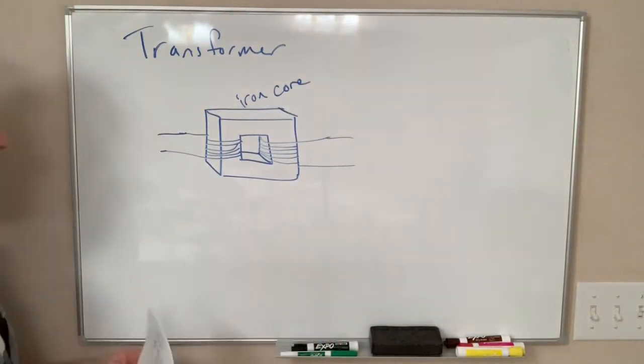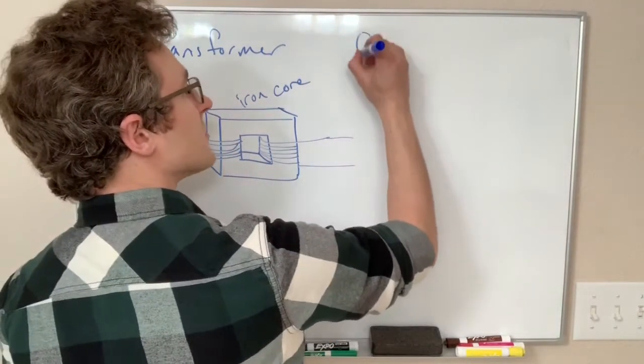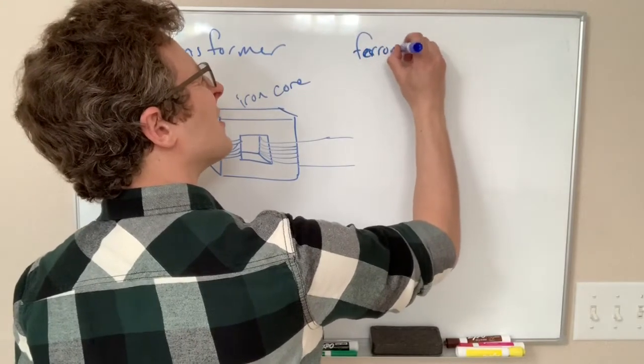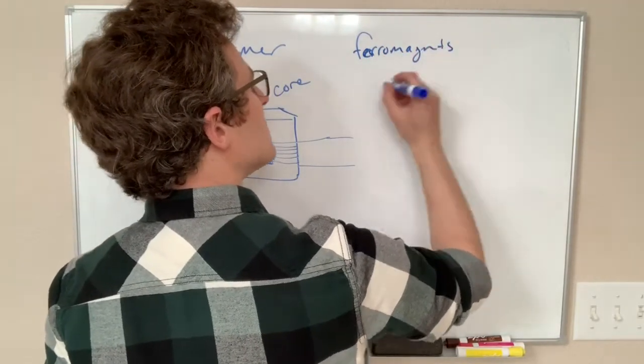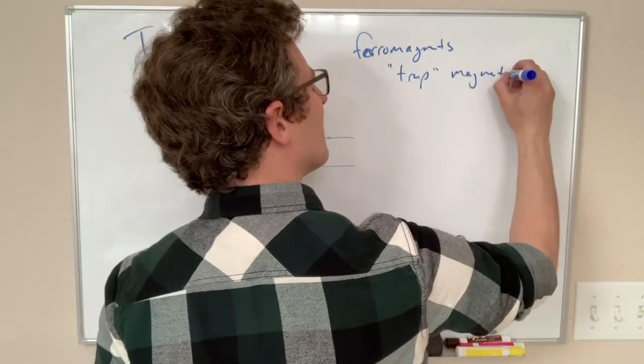Okay, so one property of iron and other ferromagnetic materials is that they trap magnetic field lines.